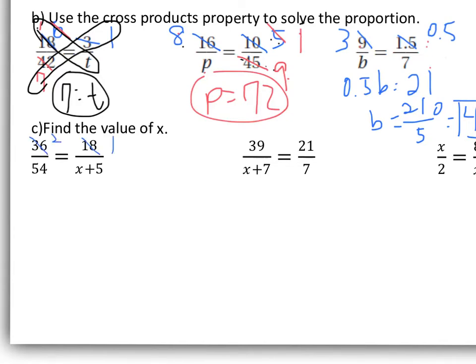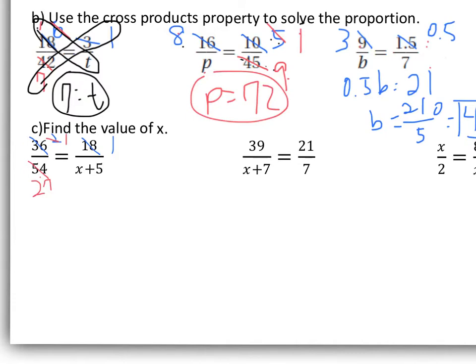The GCF between 18 and 36 is 18. 18 divided by 18 is 1. 36 divided by 18 is 2. And I see that I can simplify 2 with 54. So 2 divided by 2 is 1. 54 divided by 2 is 27. Okay, and then that's all I can do.